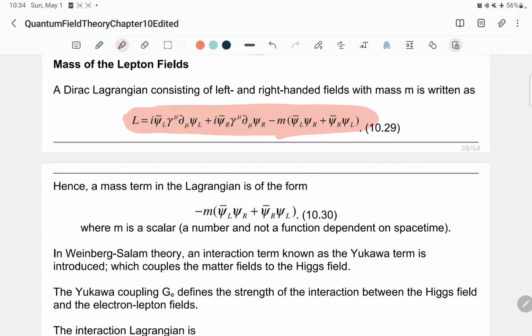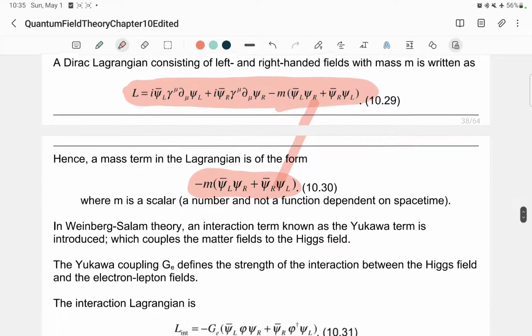And for here, the mass term in the Lagrangian is of the form, which is just negative m, psi bar l psi r plus psi bar r psi l. This is just the third term in the Lagrangian, where m there is a scalar, a number, and not a function dependent on space-time.